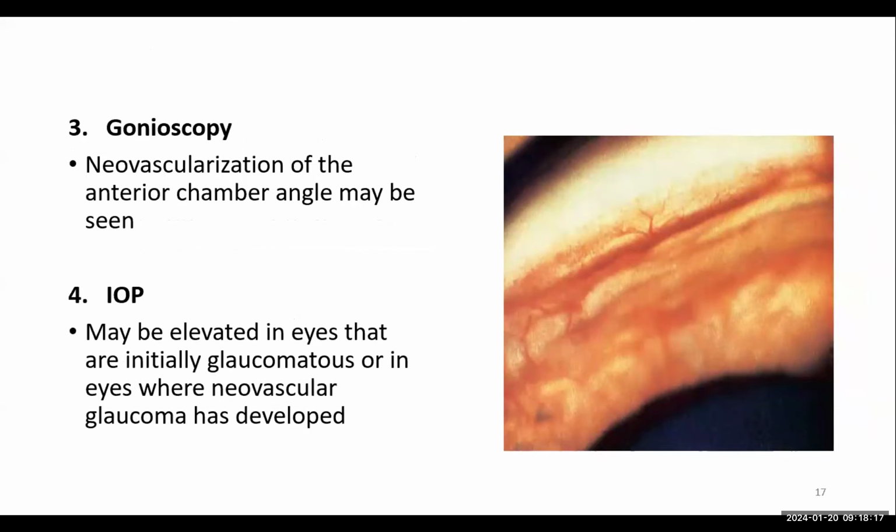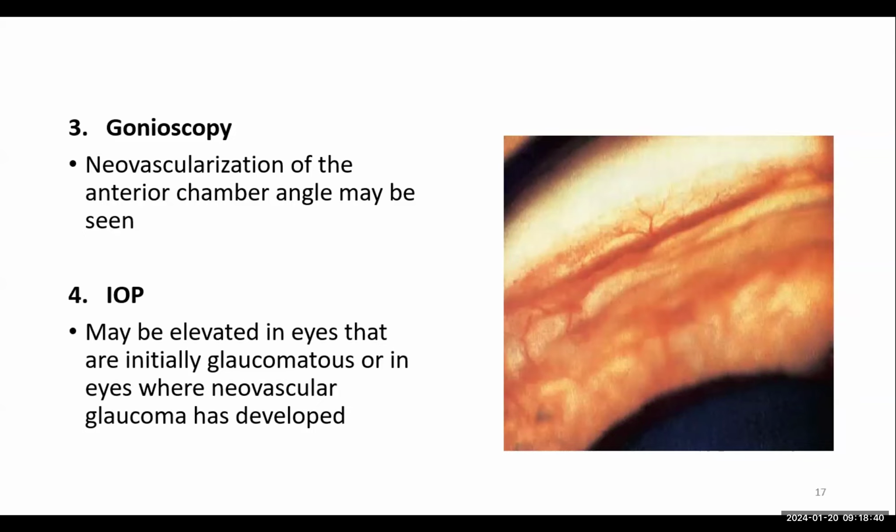IOP elevation can be present initially, as I mentioned in the risk factors: glaucoma is a risk factor for developing retinal vein occlusion. So the patient may have a raised IOP ab initio, and then the retinal vein occlusion develops.